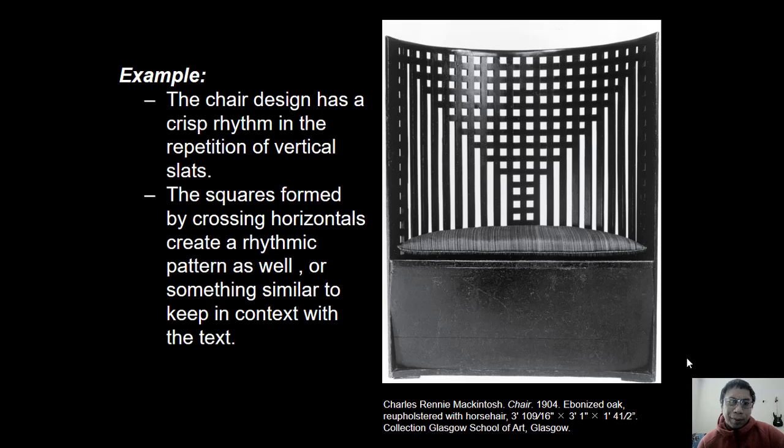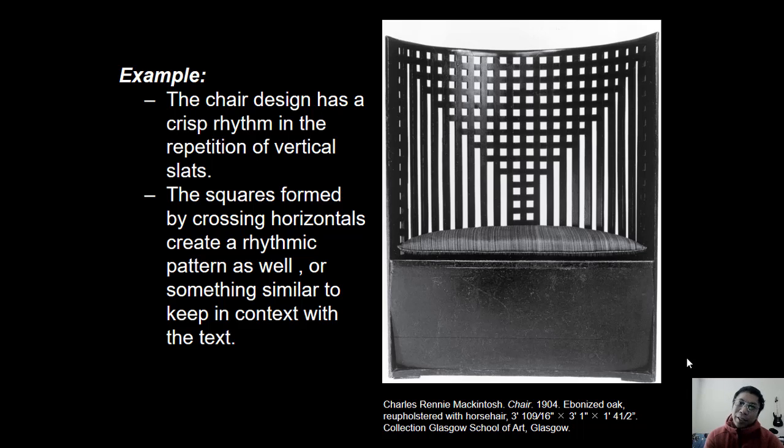And so in this example here, Charles Rennie Mackintosh, chair, 1904. There is a very rigid rhythm going on here. We have these vertical lines creating these diagonals, very symmetrical design.